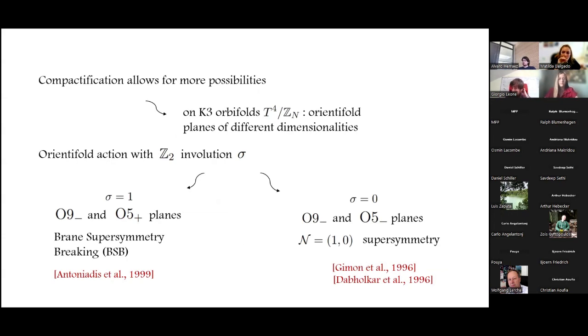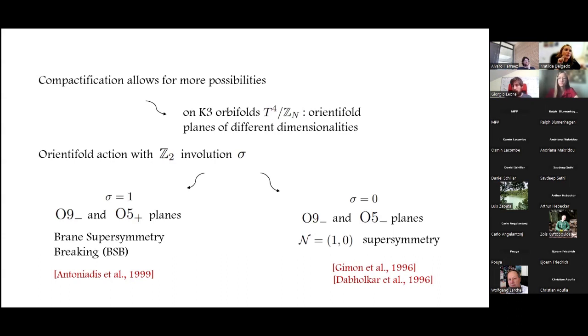Now, one has the freedom to flip the tension and charge of only a subset of Orientifold planes by choosing a proper non-trivial involution that acts on the twisted two-cycles. And indeed, if this involution acts non-trivially, then we are identifying Orientifold planes with negative tension and charge, the O9 ones, and Orientifold planes which have instead positive tension and charge, the O5 plus planes.